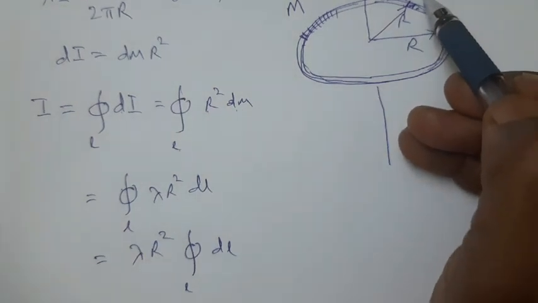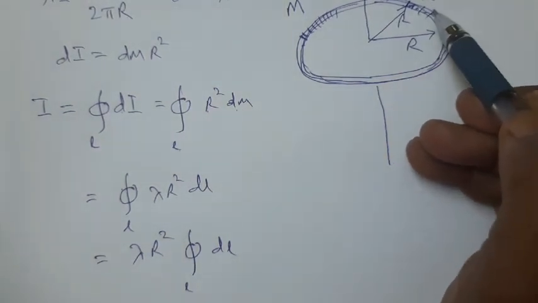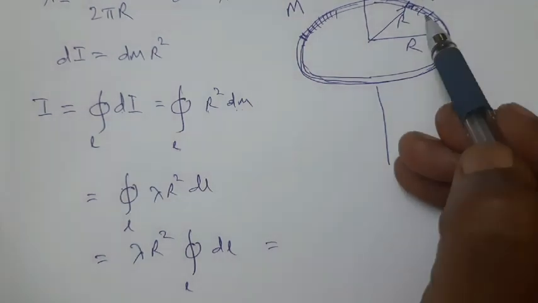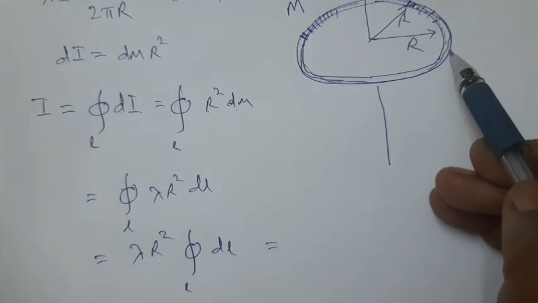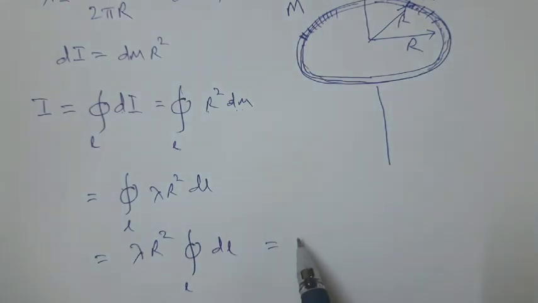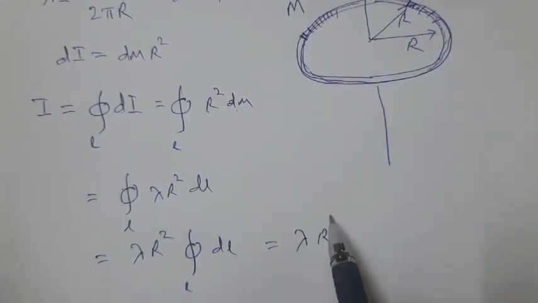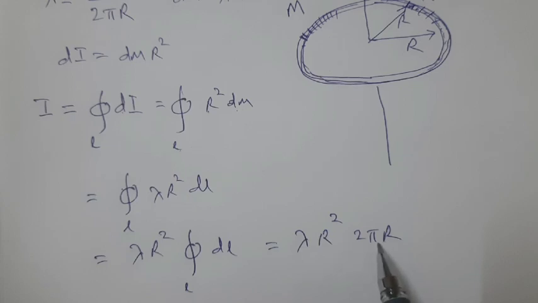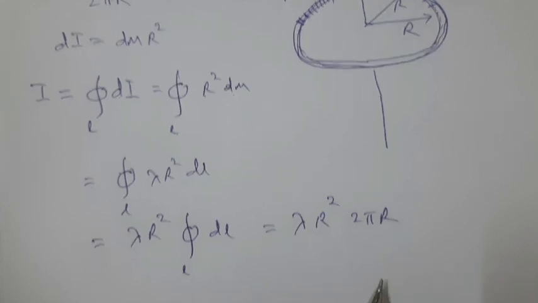Meaning I just have to add dl plus dl plus dl and so on. And we know that if I add all the line segments, it will be 2 pi r, and hence it is lambda r square into 2 pi r, because closed integration over a line is nothing but the circumference of a circle of radius r, and that is 2 pi r.